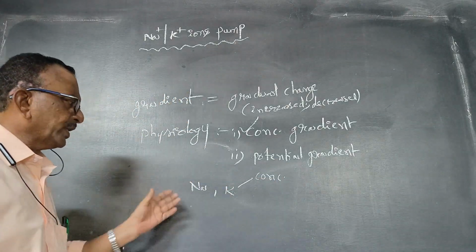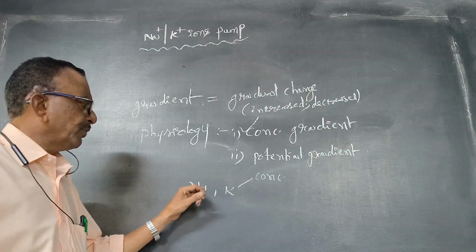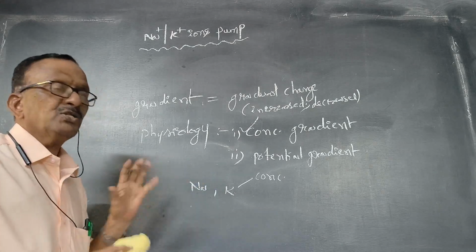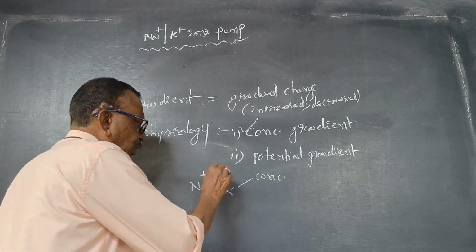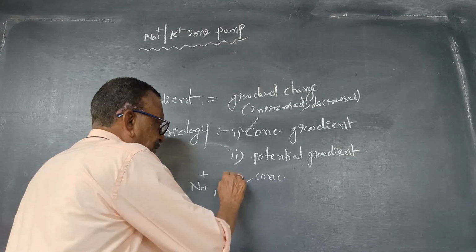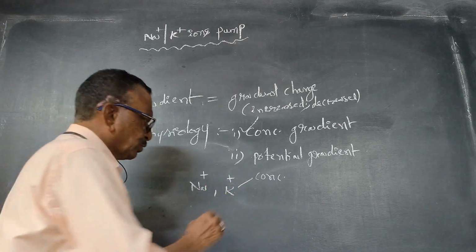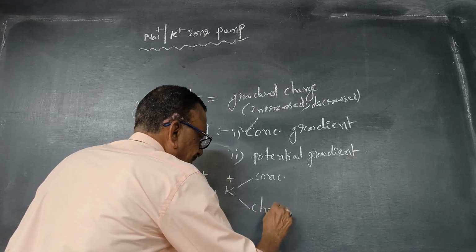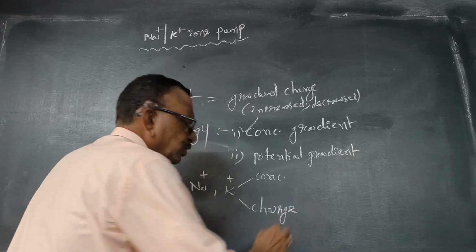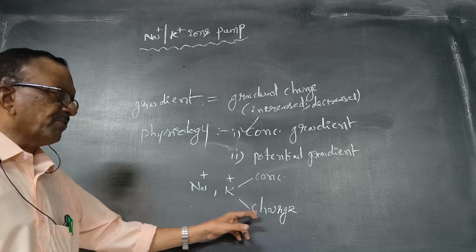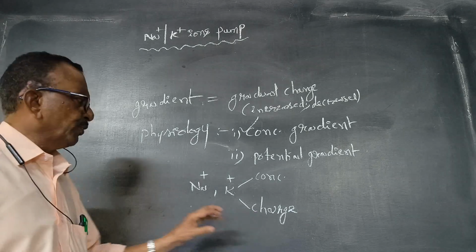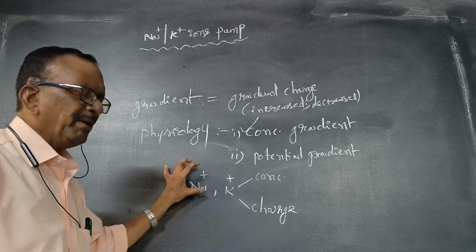Or we can also express these ions with respect to charge. Sodium has 1 plus, and potassium also has 1 unit of positive charge. So the information can also be given in the form of charge.